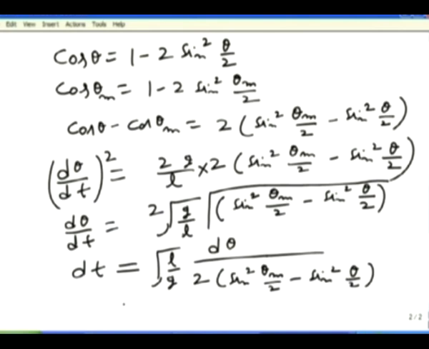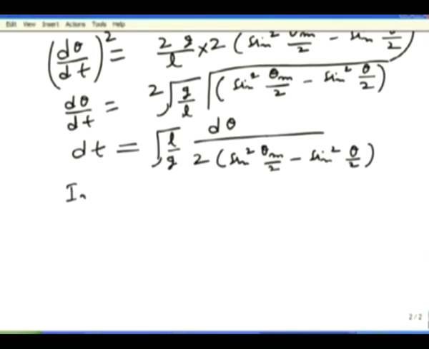Now you can integrate from t is equal to 0 to t is equal to T by 4, where capital T is the time period.